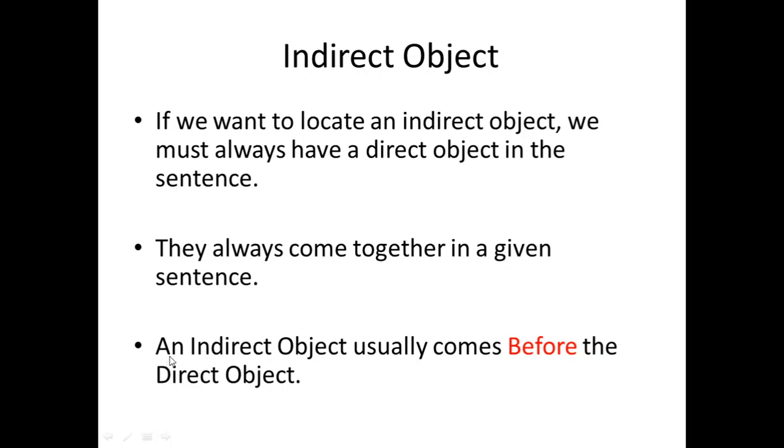The third point: an indirect object usually comes before the direct object. So, that's another easy way to find an indirect object in a sentence. Just look before the direct object, then you will have the indirect object. Easy way to find out.